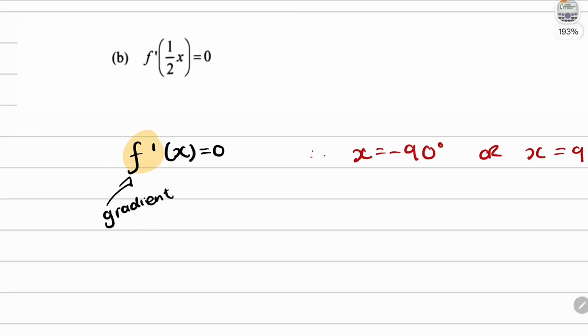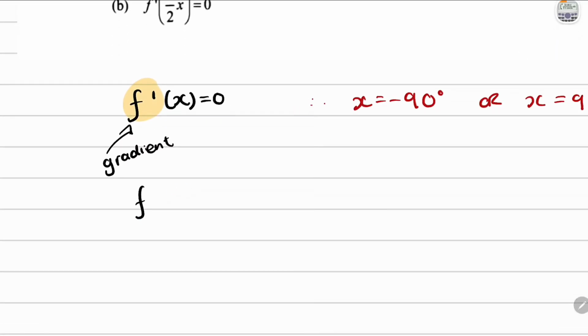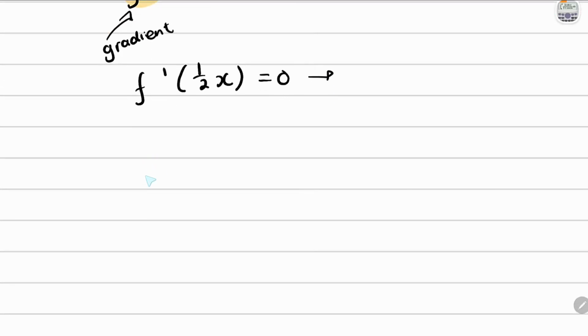It says f prime of 1 over 2x. So we're going to have to understand what exactly it means to put a coefficient in front of x. What does that mean? Well, this is a concept that you have already worked on in trigonometry, specifically in trig graphs. If you have a graph y equals sine x, the minute you put a number in front of x, what does it do to the graph?